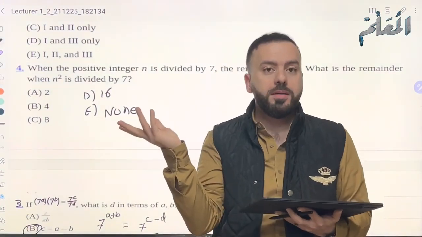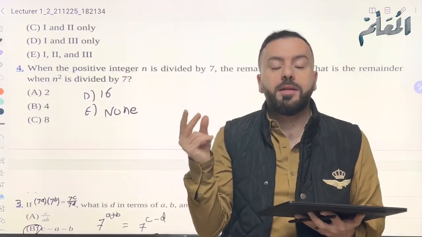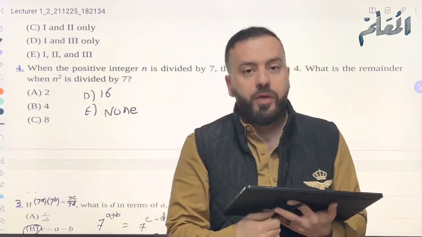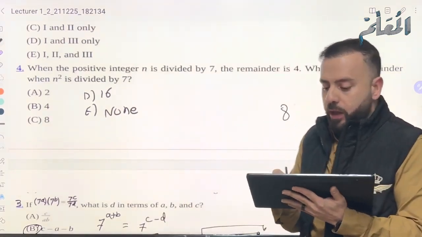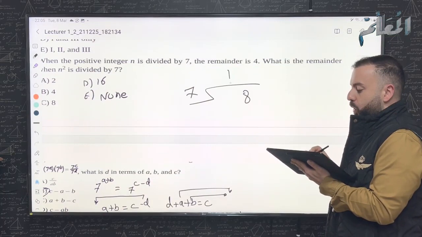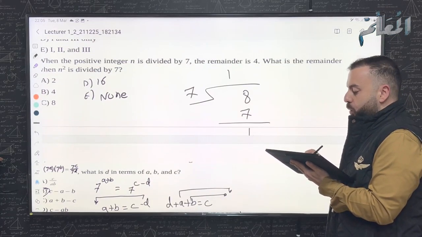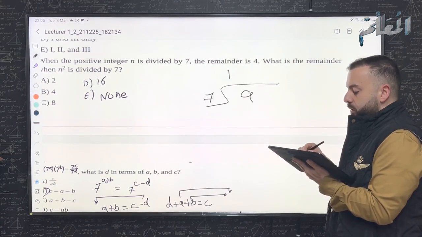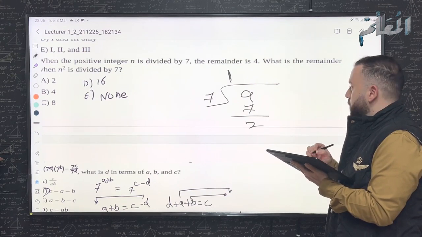No remainder. 8 divided by 7: if you make a long division, 1 times 7 is 7, and the remainder is 1. After that, 9 divided by 7 is still 1, 1 times 7 is 7, the remainder is 2.